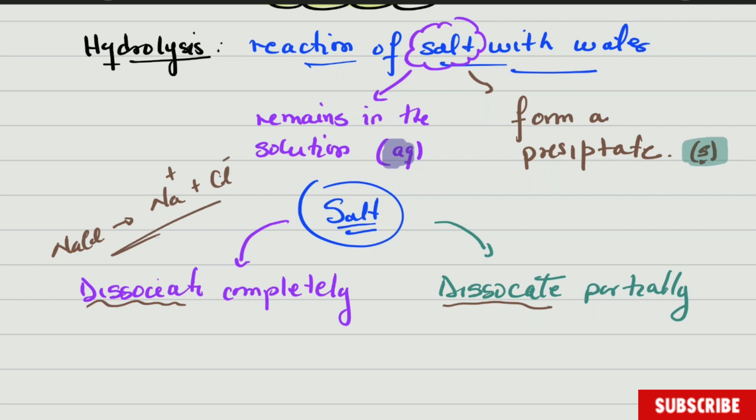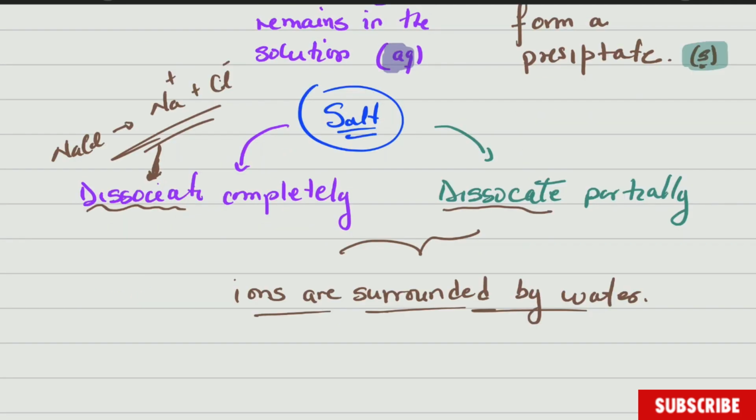This is called dissociation. It's when the salt breaks into ions. So this salt that we're speaking about in the acid-base reaction can dissociate completely or partially. But whether it's partially or completely, the ions are going to be surrounded by water.